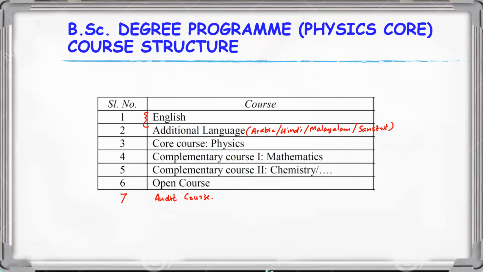In the 3-year course, it is divided into 6 semesters. In the first 4 semesters, you have to come across with common course, core course, and 2 complementary courses and the audit course.